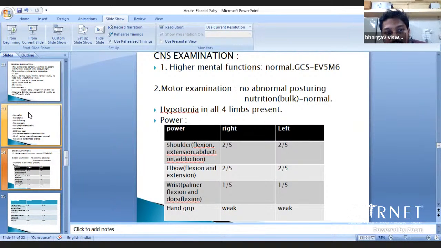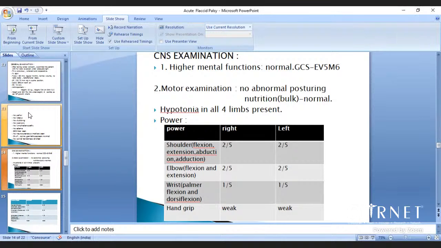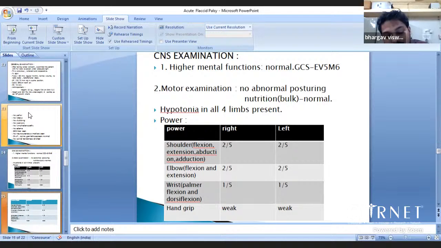Coming to the power examination, there is weakness of the shoulder, that is 2. Both shoulders have power 2, both elbows show power 2, wrist shows power 1, and his hand grip is weak.